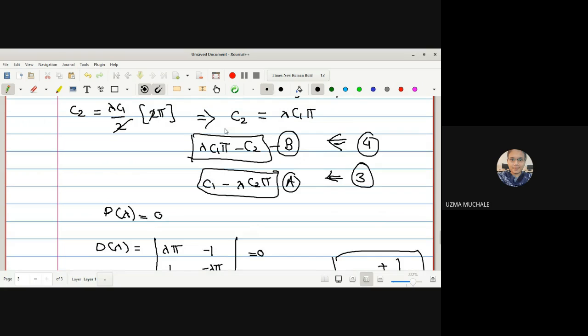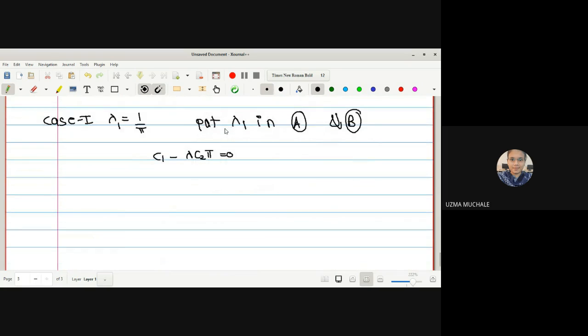Next is lambda C1 pi minus C2 equal to 0. Let me put the value of lambda 1 as 1 upon pi. C2 pi equal to 0. What is the value of lambda we are substituting? It is 1 upon pi, C1 pi minus C2 equal to 0.